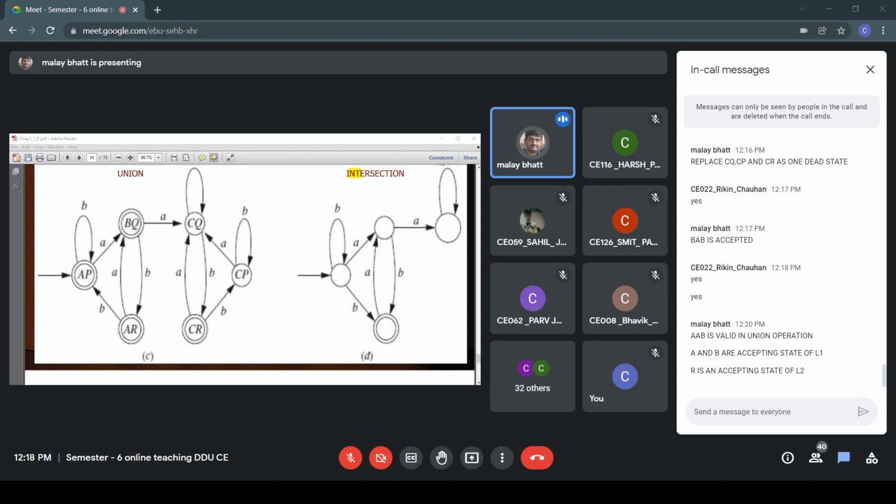BQ, B is an accepting state of L1, so it is shown with a double circle in union. AR is also valid because both are accepting states. Also CQ, CR: CR, having C and R, is an accepting state because R is an accepting state. So the AAB pattern is accepted in CR. AAB is a valid pattern ending with AB and it is accepted in the CR state.